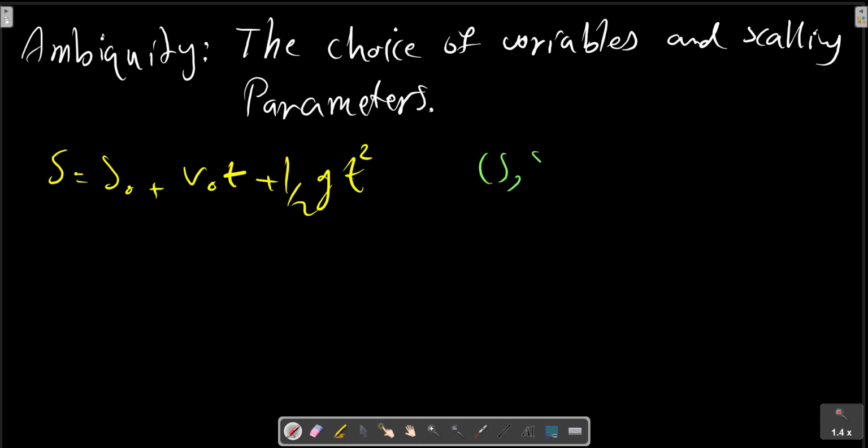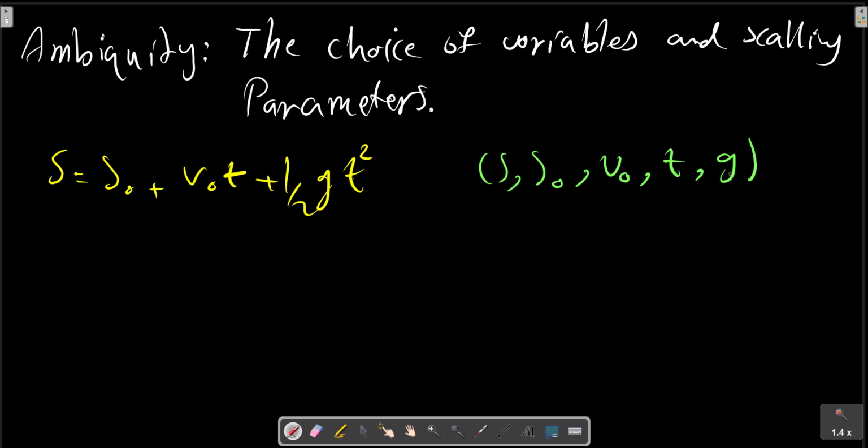Sequentially S, S0, V0, T and G, which we may divide in our thinking into variables and parameters.